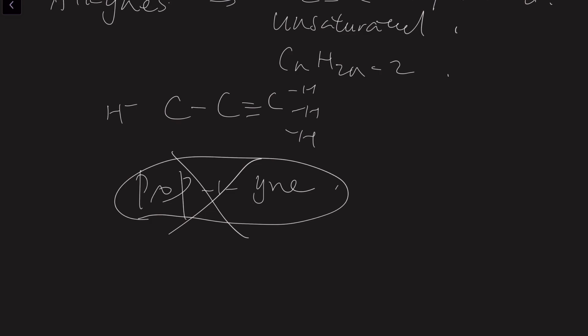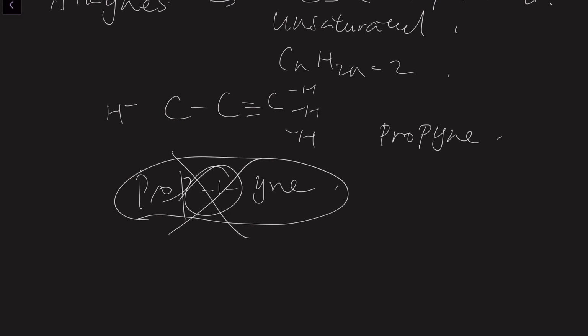So there's only really one position the triple bond can go, which is attached to the first carbon. Because there's only one possibility, we do not need to give this numbering anymore. The numbering is there to help people who are drawing the diagram know where to put the triple bond.